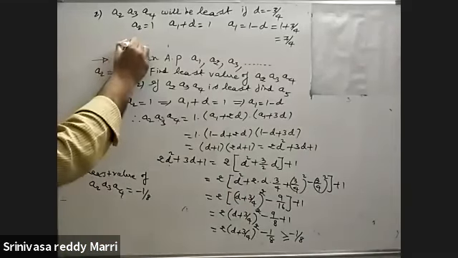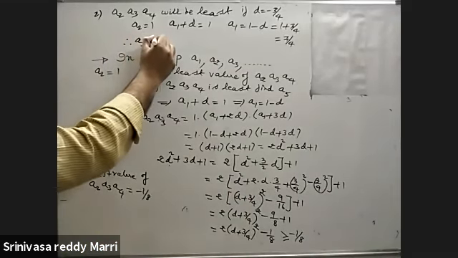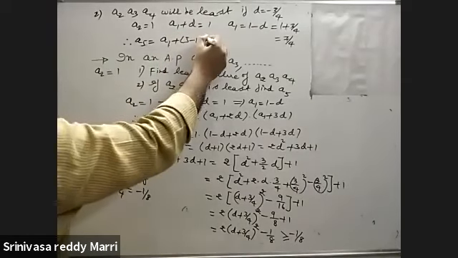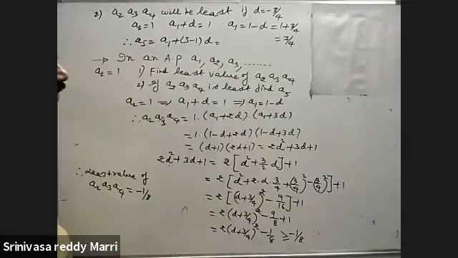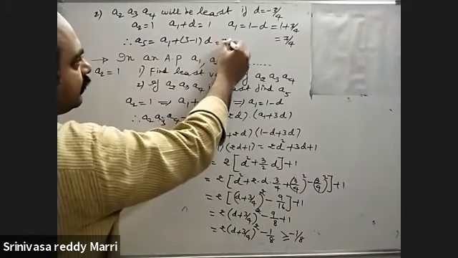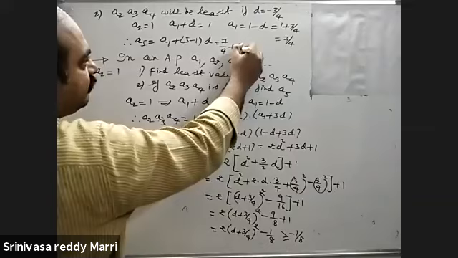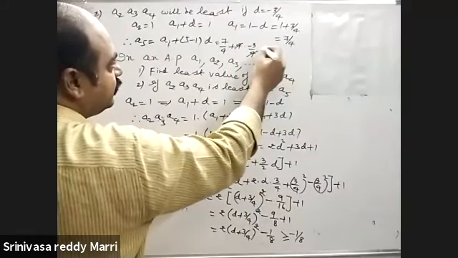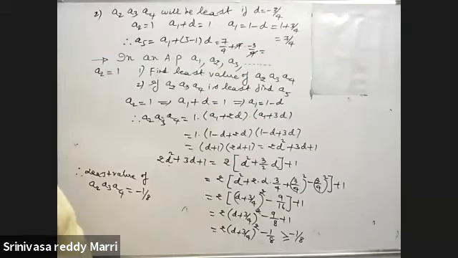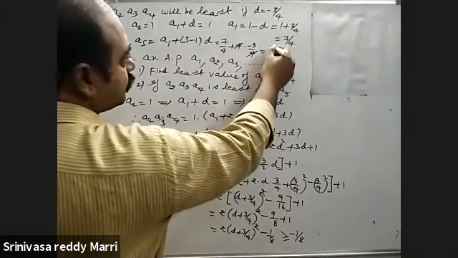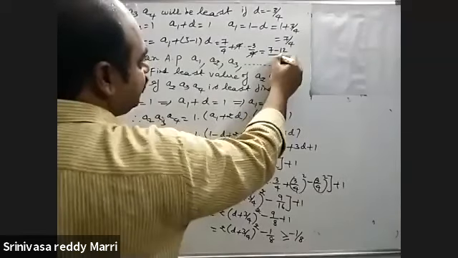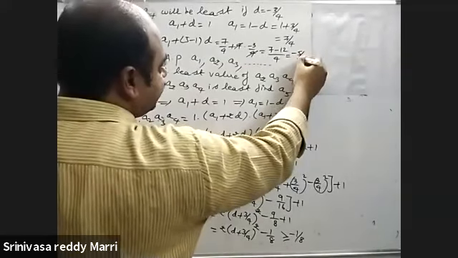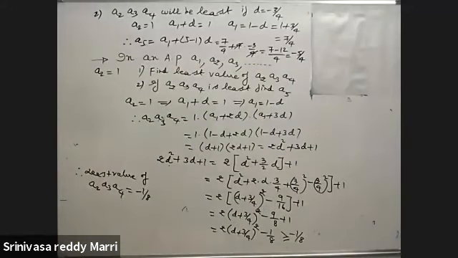The fifth term in an AP: A5 is nothing but A1 plus 5 minus 1 into D. What is A1? 7 by 4 plus 4 into minus 3 by 4. So if you take the LCM, 7 minus 12 divided by 4, that means minus 5 divided by 4.